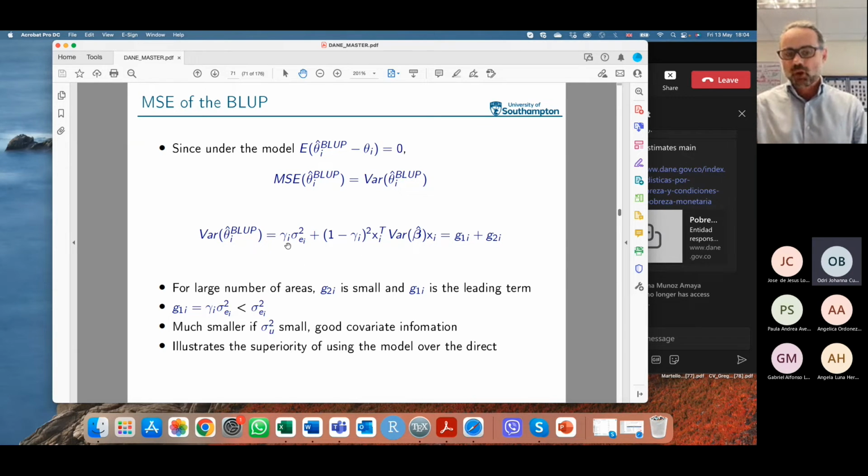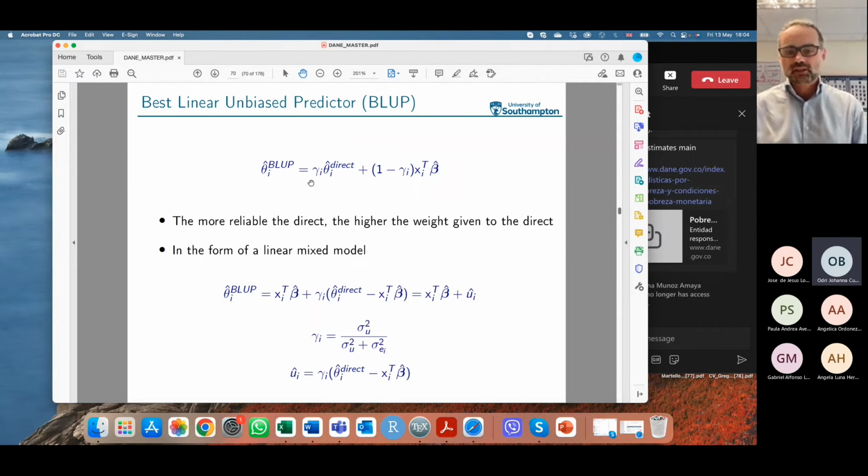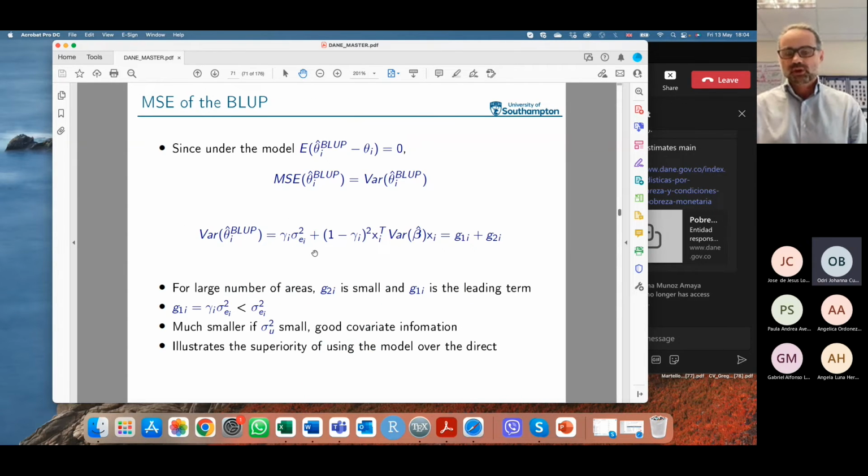If you go back here, take this expression and apply the variance, you will end up with gamma i times sigma squared e_i, which is the sampling variance, and 1 minus gamma i squared times this expression here, which depends on the variance of the regression parameter.